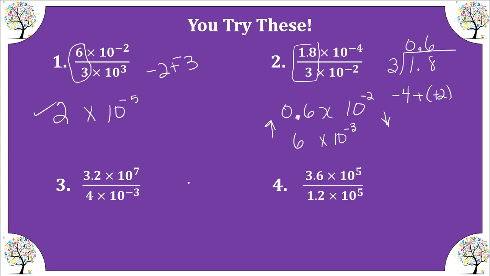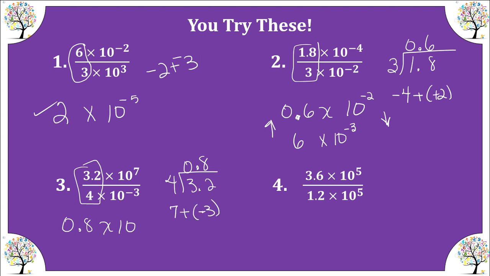Number 3, 3.2 divided by 4, or 4 divided into 3.2. That gives me 0.8, so 0.8 times 10. We have 7 minus -3, keep, change, and I get an exponent of 10.